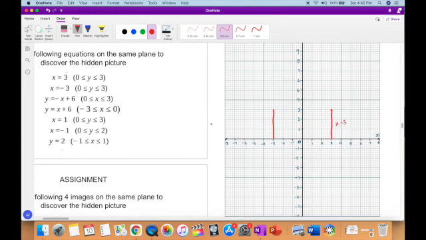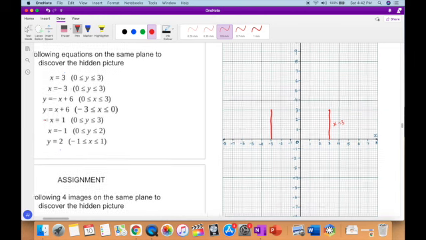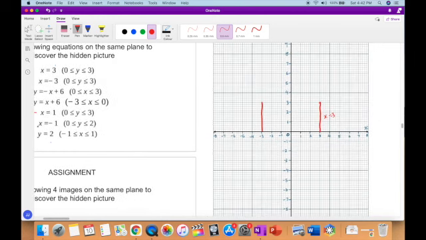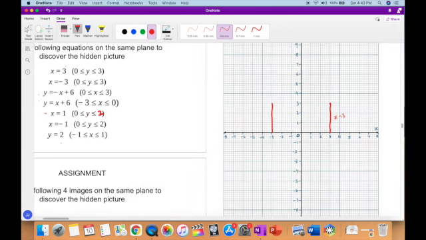We're going to do these two hard ones last. Now we have the lines x is equal to 1 and negative 1. Is this one supposed to be 3? No, I think this one's supposed to be 2. Yes, that one's supposed to be 2.